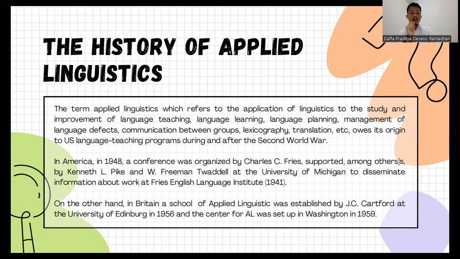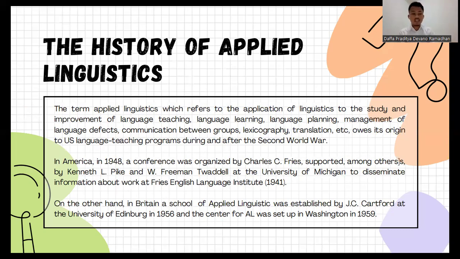And in America itself, in 1948, there was a conference organized by Charles C. Fries and supported among others by Kenneth L. Pike and W. Freeman Twaddle at the University of Michigan to disseminate information about work at Fries's English Language Institute in 1941.